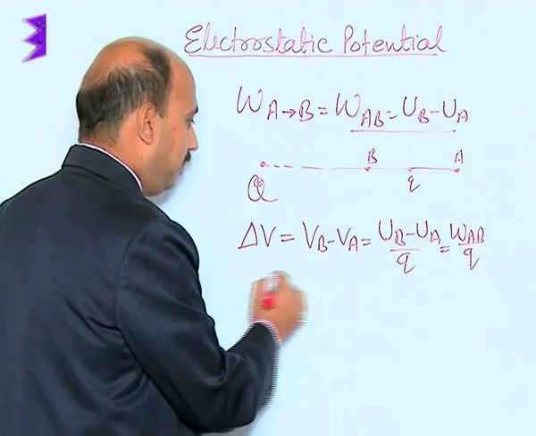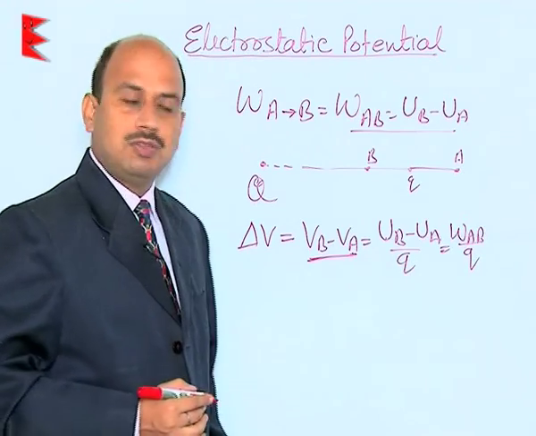So, we can write VBA, that is VB minus VA, that is the potential difference between 2 points A and B.